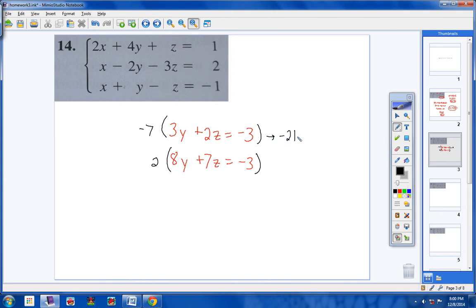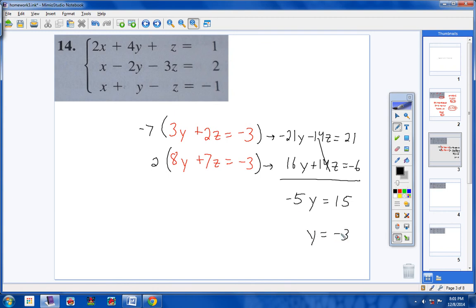Negative 21y minus 14z equals 21. Multiply your 2 through. 16y plus 14z equals negative 6. Negative 21, positive 16, negative 5y. These cancel. 21 minus 16 is 15. Divide both sides by negative 5. Y equals negative 3.